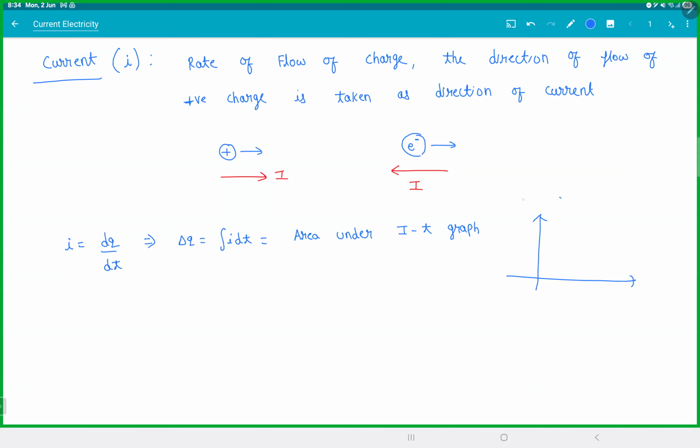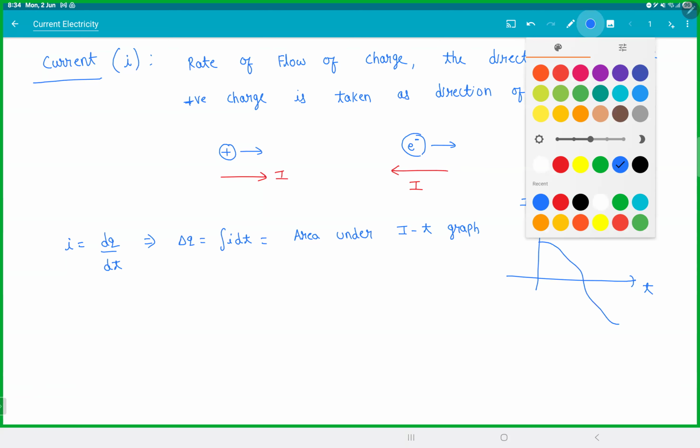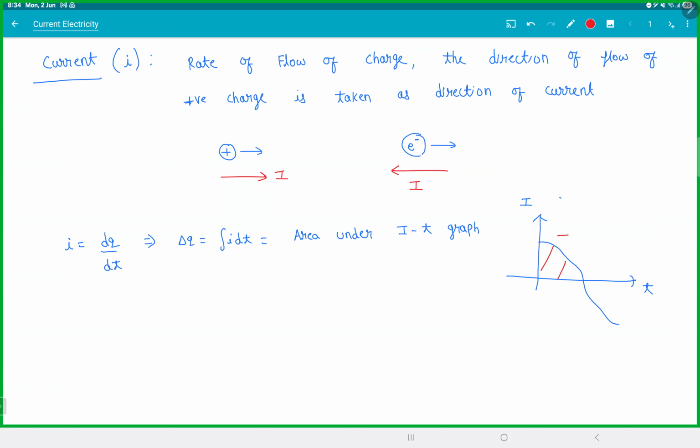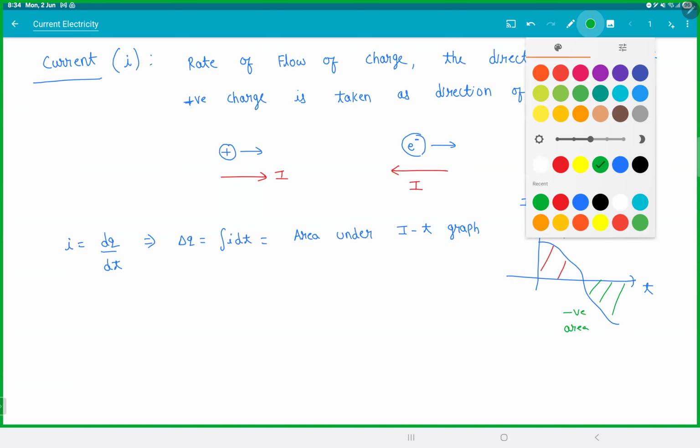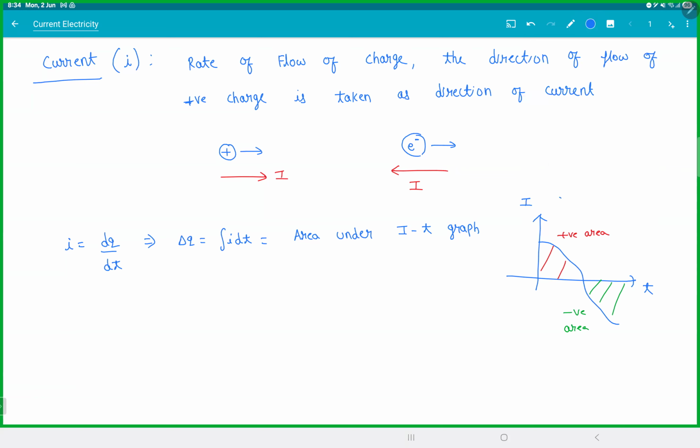If you draw a graph between current versus time, the area above the time axis is a positive area. The area below the time axis is a negative area. Positive area indicates charges gone in one direction, negative area indicates charges come back, right?